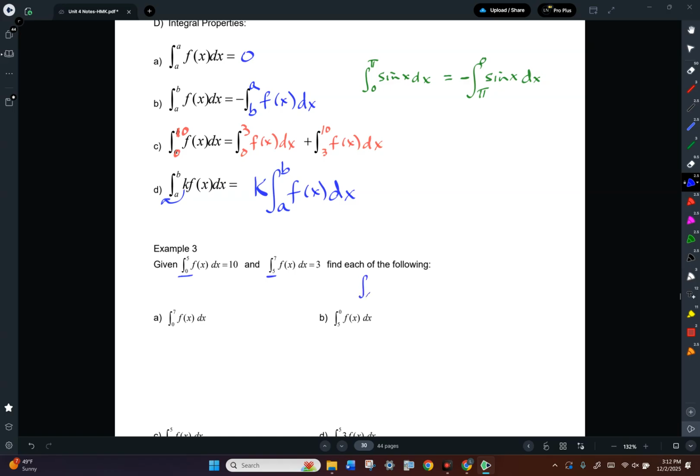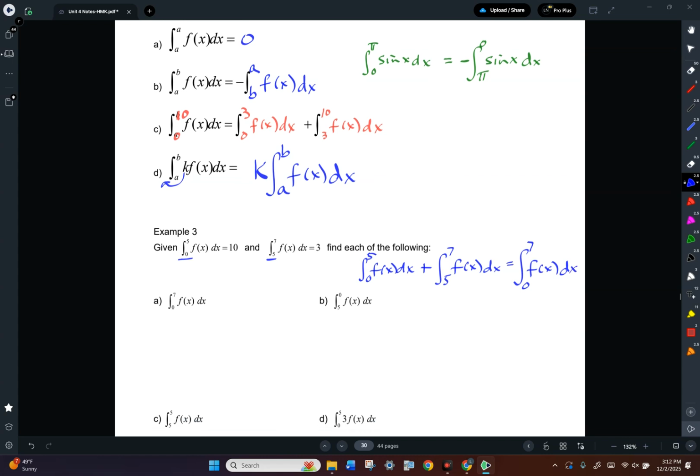I could say the integral from 0 to 5 of this function plus the integral from 5 to 7 of this function is equivalent to the total from 0 to 7. Does that make sense? So letter A, what's the value of the integral from 0 to 7? Well, based on this equation, I said this part was 10, this part was 3, so wouldn't the total be 13?